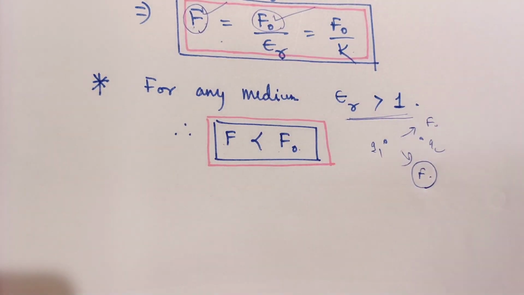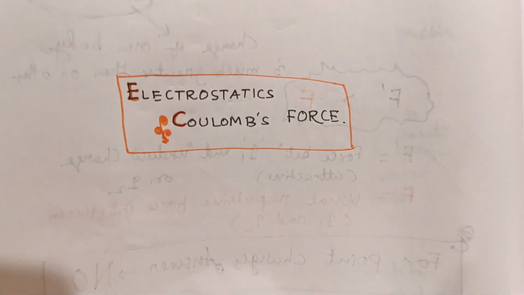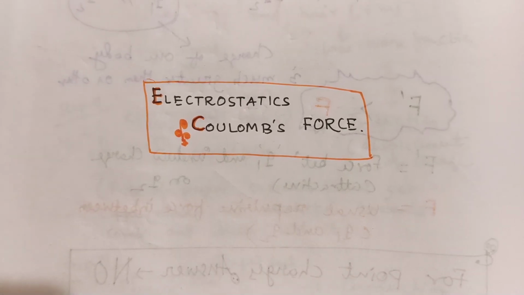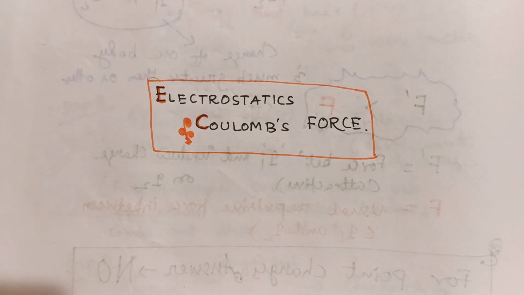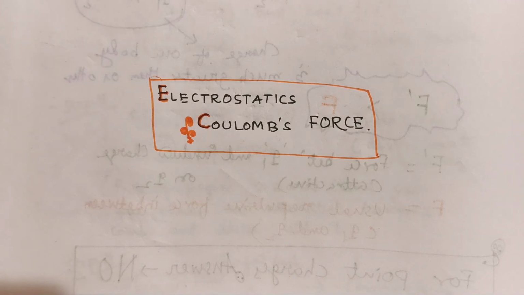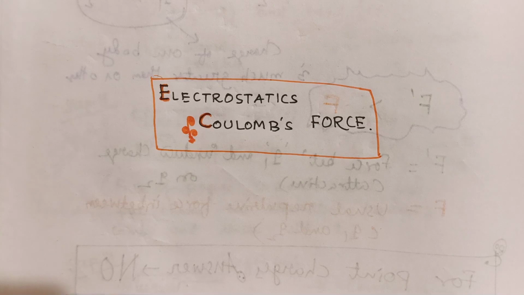So today we have discussed an important topic, that is electrostatic force or Coulomb's force. This is a very fundamental force formulated by Charles Augustin Coulomb, and the law states that the force of interaction, which may be attractive or repulsive, between two point charges is directly proportional to the product of the charges and inversely proportional to the square of the distance between them.